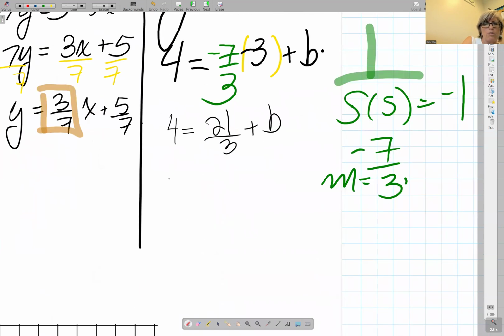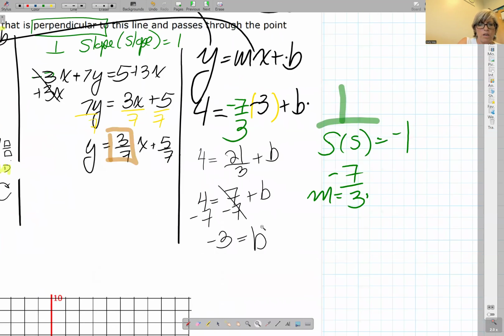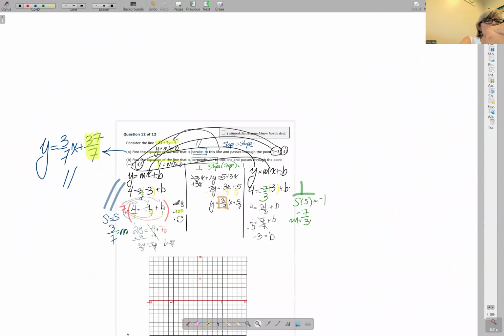Lucky you, this is a whole number. 4 equals 7 plus b. And b equals -3. So your perpendicular version of the equation is going to be y equals -7/3 x minus 3. That's the perpendicular version.